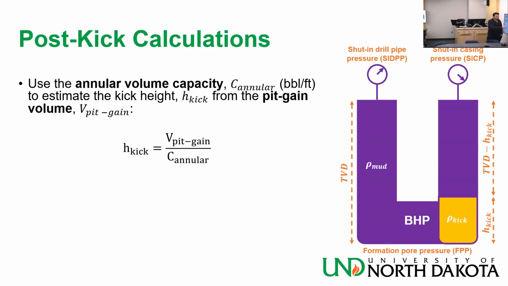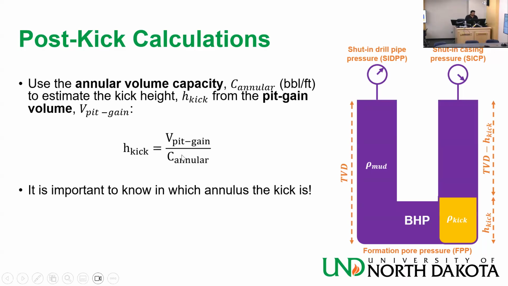So this is more or less what you're gonna use, but in your project, you're gonna use a more complicated version of that. It is important to know in which annulus the kick is. The kick may be too tall, that it extends above the BHA. The BHA may also not have just one diameter. It may have varying diameter. So the capacity changes as you move up the BHA, okay?